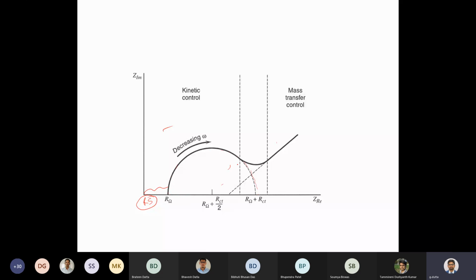Means if you put the full semicircle and the intersect of this x-axis, this x-axis is the impedance. Actually here we are measuring the real value. In the y-axis also we are measuring the impedance, but here it is the imaginary value. As I said, there is a mathematical term. Why are both axes the impedance, right?